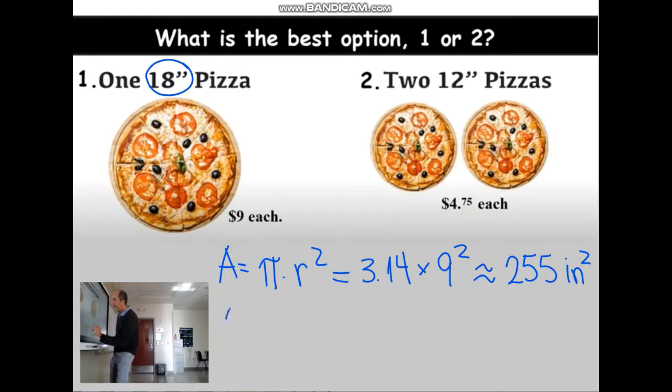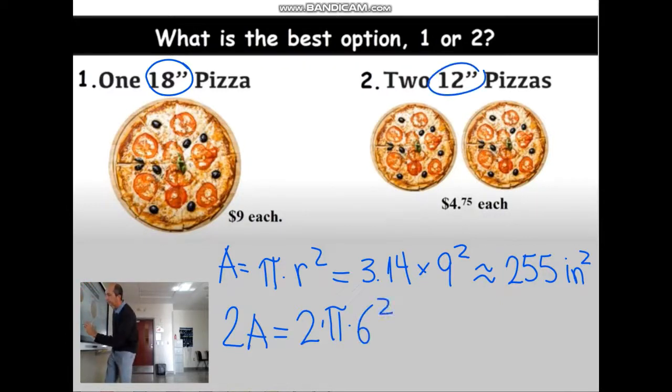Now option number 2, two areas. We have two pizzas, so 2 times the area of one, 2 times pi times the radius, which is 12 divided by 2, 6 squared.